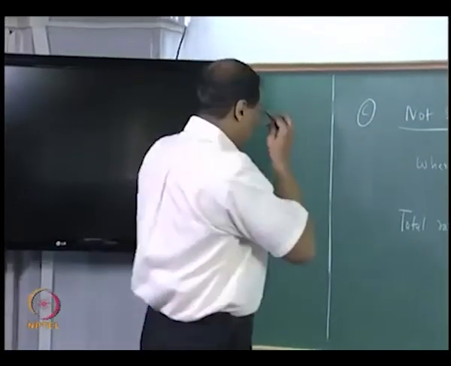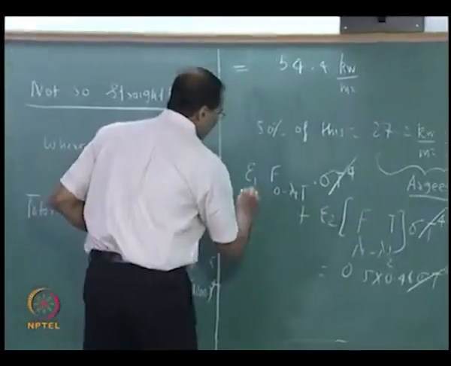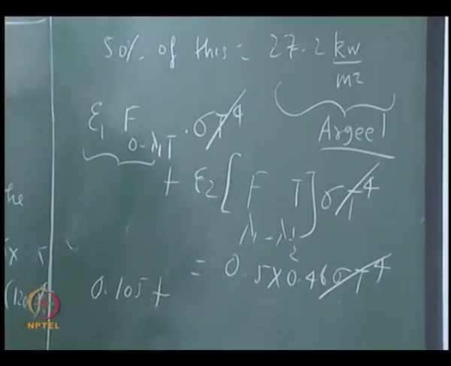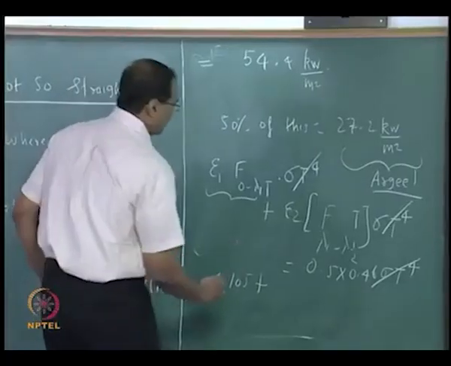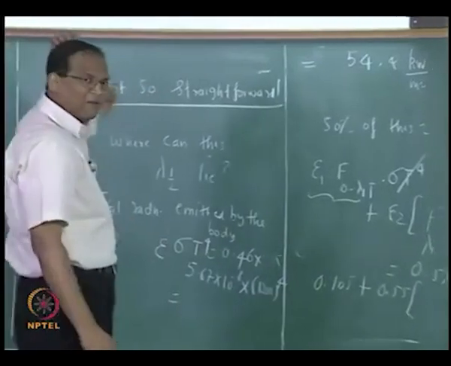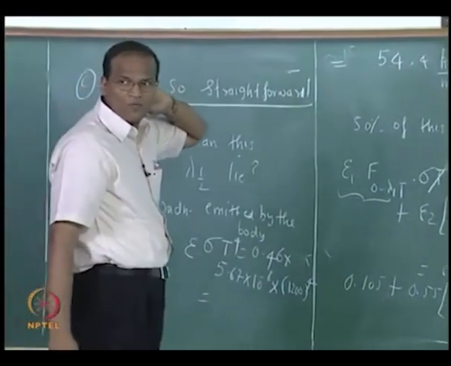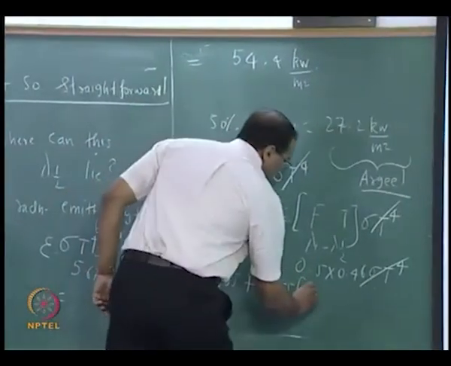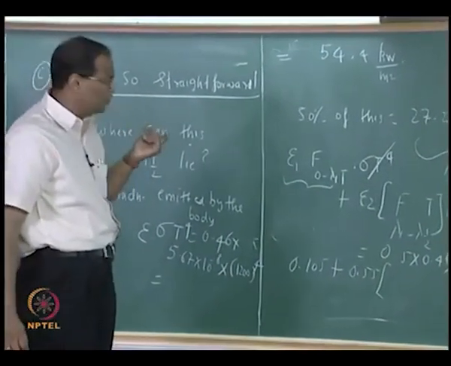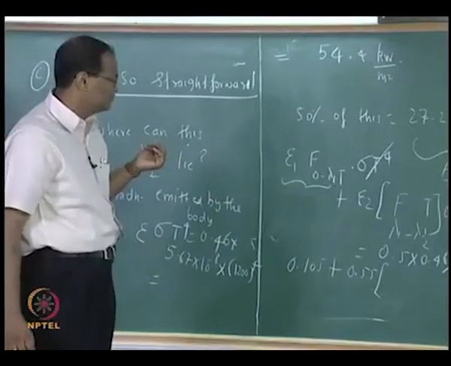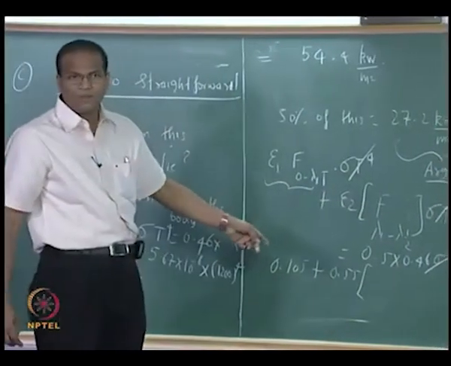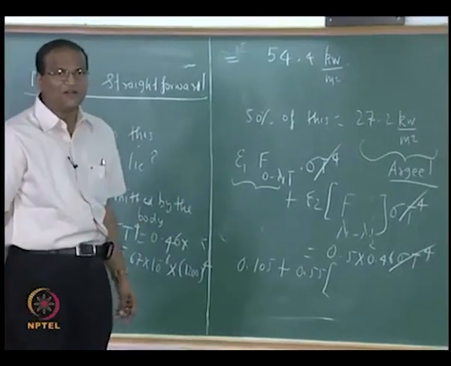I may be wrong. If I do not get that, I will go to epsilon 2 or epsilon 3. Are you getting the point? Fine. Now can you do this? What is the first term? 0.105 plus epsilon 2 is 0.55 times, what is f lambda 1 to lambda 2? Not 0.2, I do not know lambda half, right? 0.607, okay.